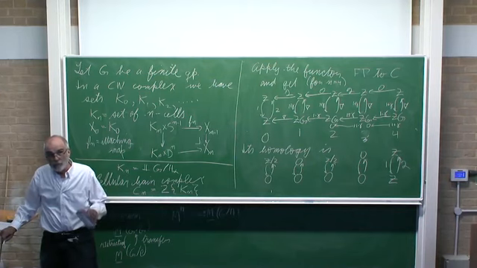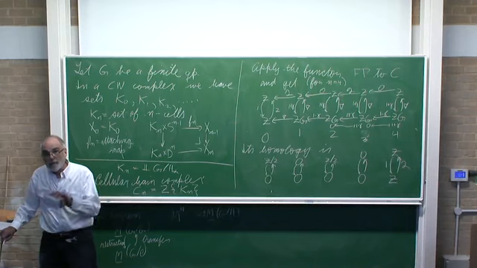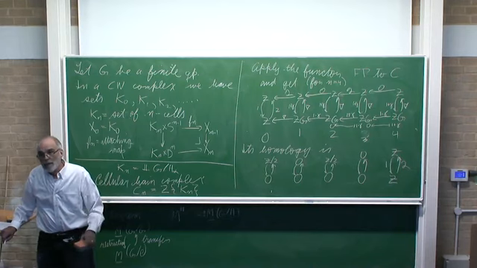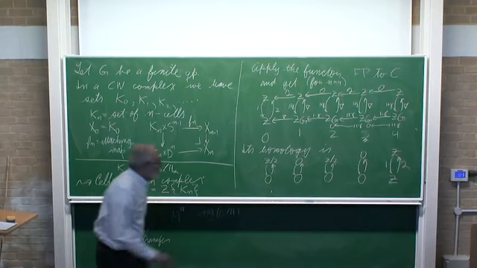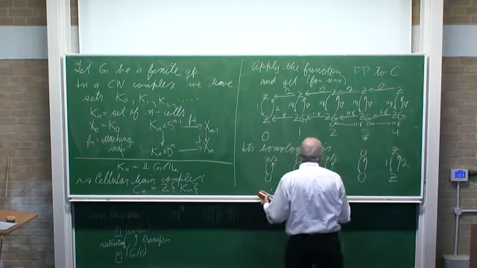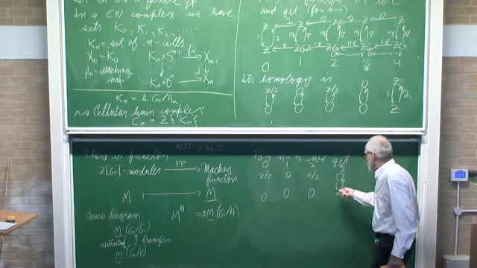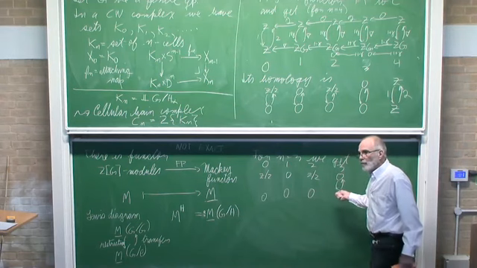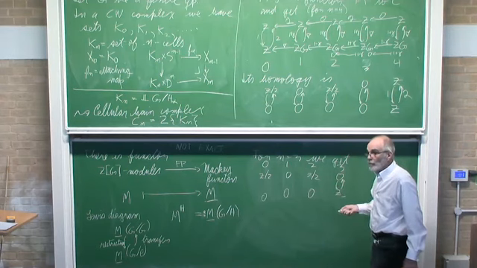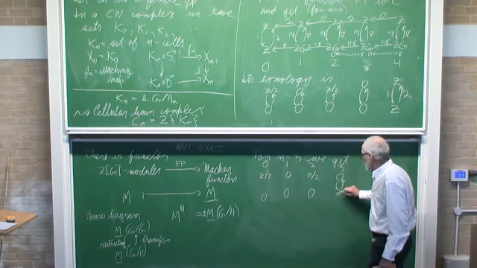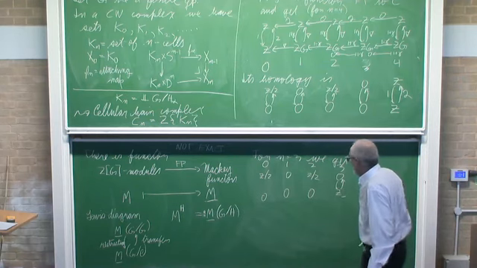It sends it to gamma minus 1. In other words, it multiplies it by -1. So Z minus here means Z equipped with a non-trivial action of C2.